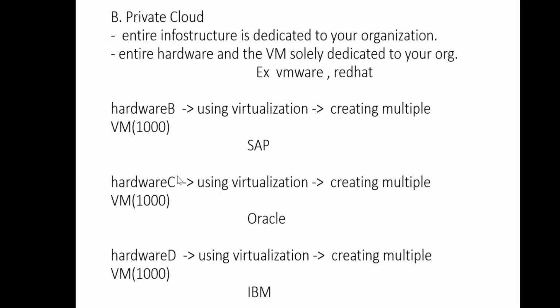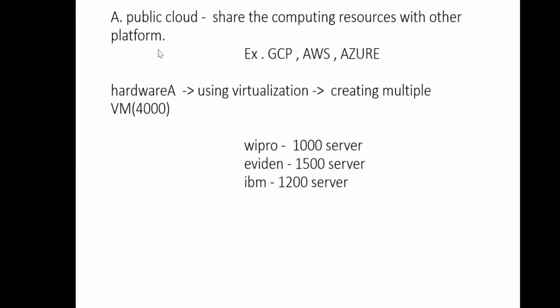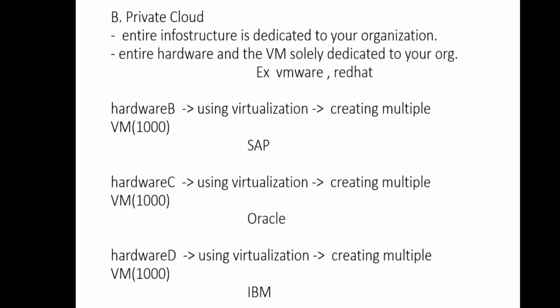The complete hardware, the entire infrastructure, is dedicated to one organization. This is private cloud, right? But that is not the scenario in the case of public cloud. On the same hardware you have multiple resource servers, and they are used by different organizations in the case of public cloud. That is the difference between public cloud and private cloud.